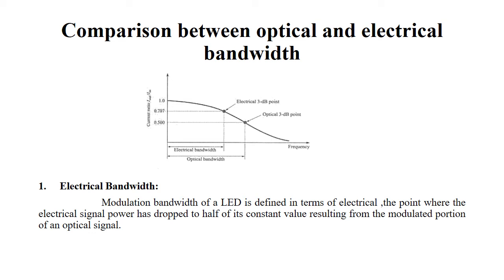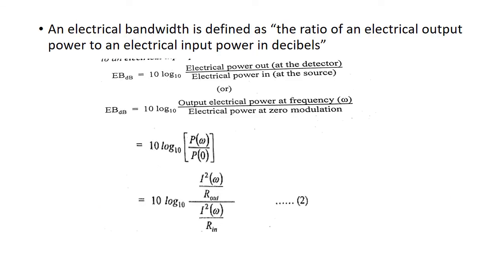Here the modulation bandwidth of the LED is defined in terms of the electrical signal, at the point where the electrical signal power has dropped to half of its constant value, resulting from the modulated portion of the optical signal. The electrical bandwidth is defined as the ratio of the electrical output power to the electrical input power in decibels, that is EB in dB equal to 10 log base 10 of electrical output power by electrical input power.